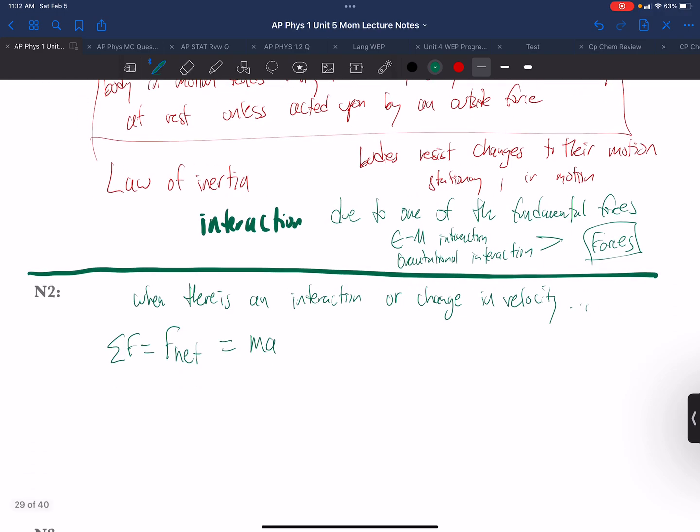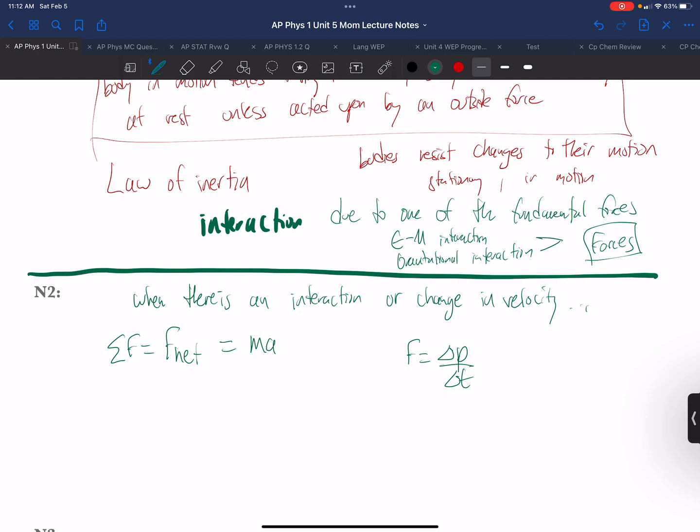But really, this is a consequence of the law of conservation of momentum, which says that force is, by definition, the rate of change in momentum. The difference between two bodies changing their momentum, if we observe them, if they're changing their momentum at the same rate, they're having the same interaction.